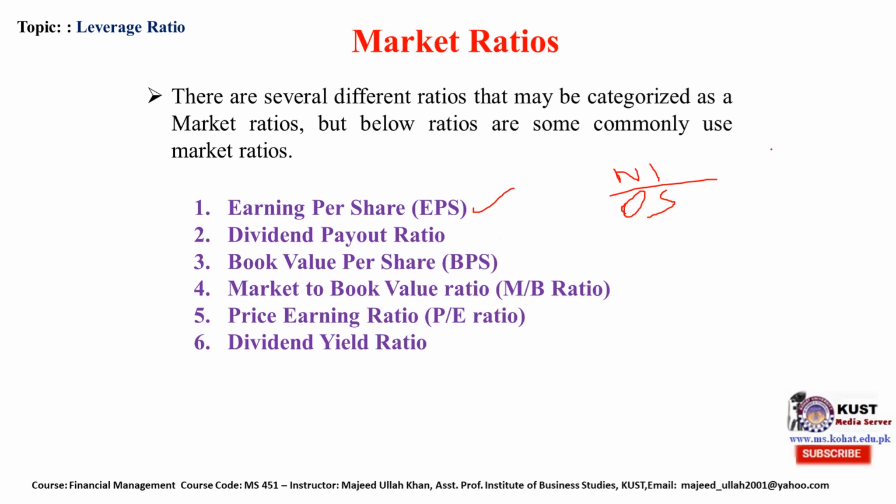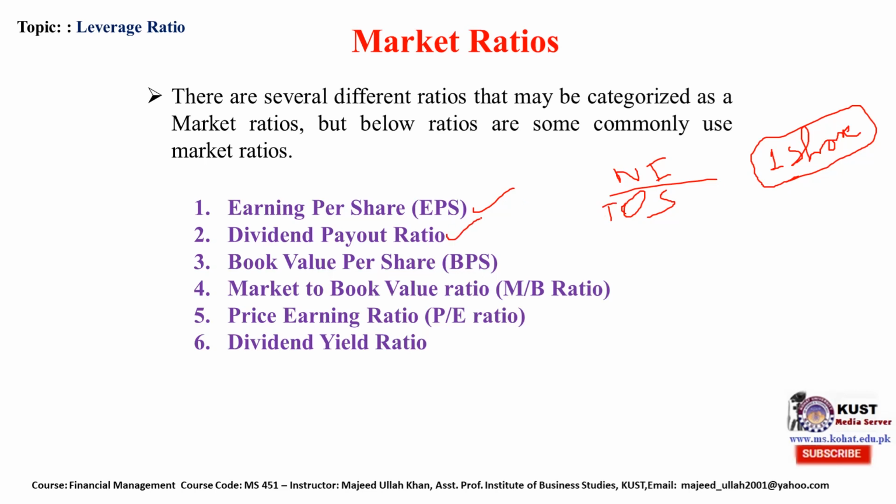Let's suppose an investor has 1 share, how much portion of the net income of the company does this 1 share have? It is called earning per share. So net income divided by the total outstanding shares of the company gives us earning per share.